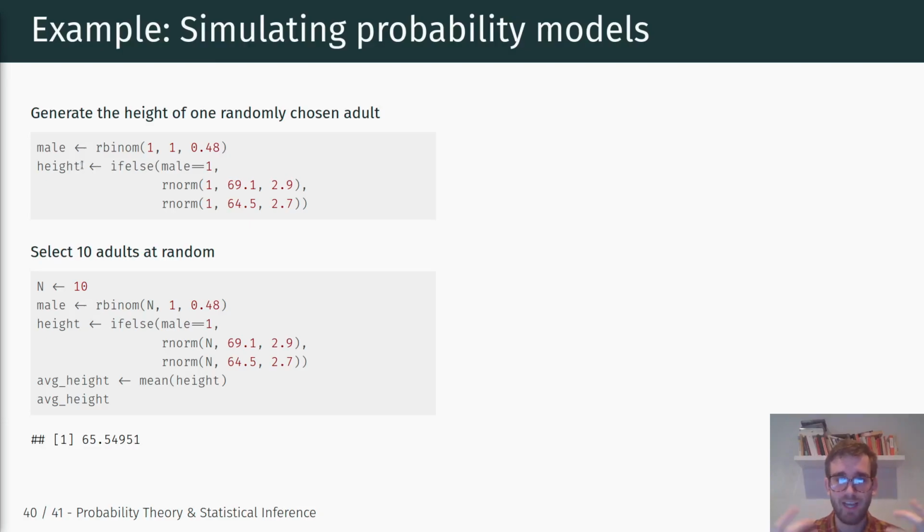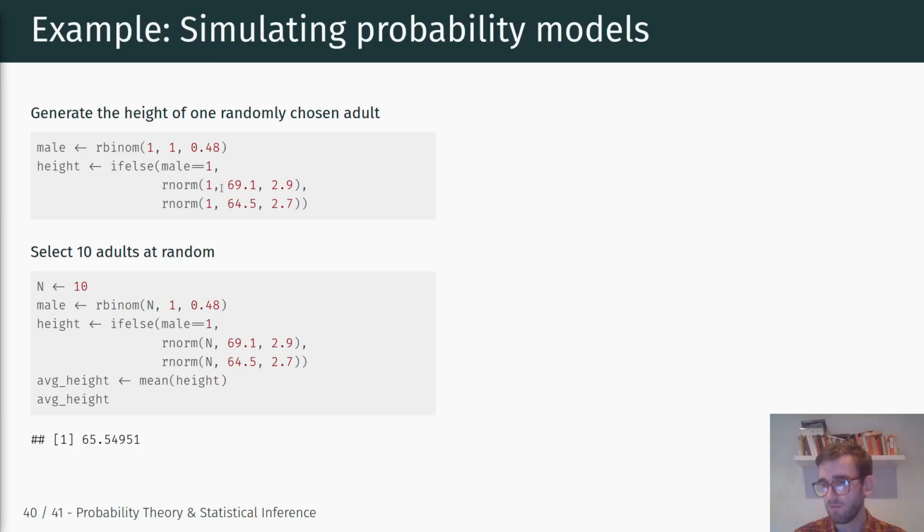Then next, the second step in this more complex data generating process is that, conditional on the result of the initial Bernoulli trial, we take random draws from two different normal distributions, for a man or for a woman.